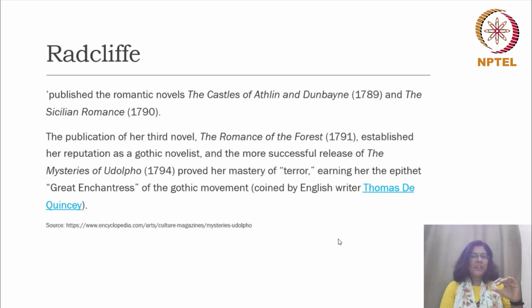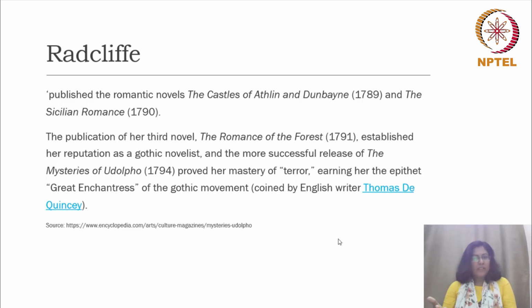So I want to point your attention to the fact that there is a close affinity between Romance and Gothic. The transition between the two literary domains seemed to happen seamlessly in the case of Radcliffe.